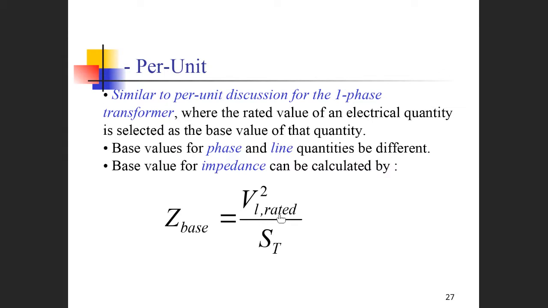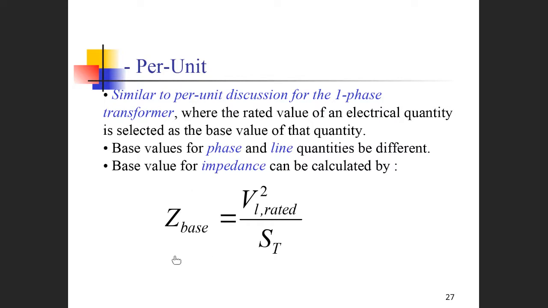Look at here, generally for the 3-phase transformer, we have the line voltage. So the rated line voltage itself can be used as the base unit. It has the 3-phase total power. So the total power is the same for primary and secondary, looking at the base values.